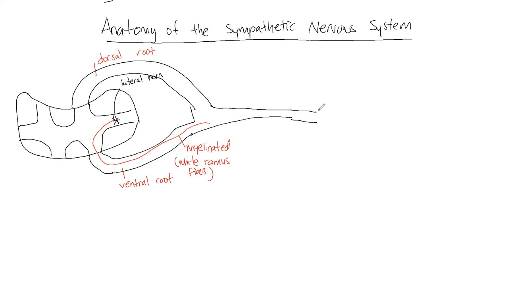They synapse at a ganglia. We talked about a ganglia being really close to the spinal cord, to the area where these fibers are originating. And then they're going to leave the ganglia and re-emerge back into the spinal nerve. All right. So here's our autonomic ganglia.